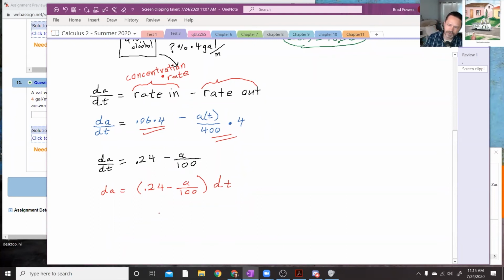So I need to move all this over. So divide by 0.24 minus A over 100.